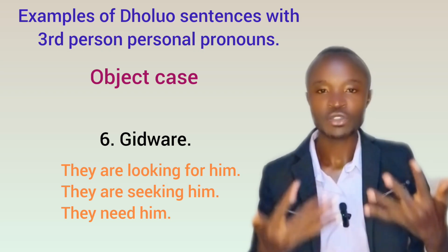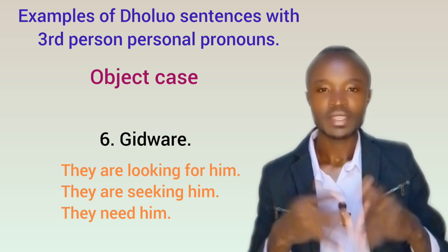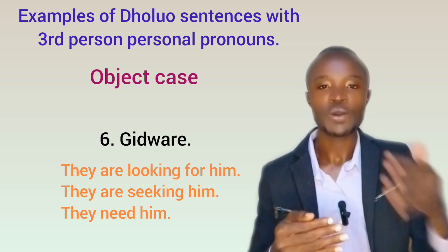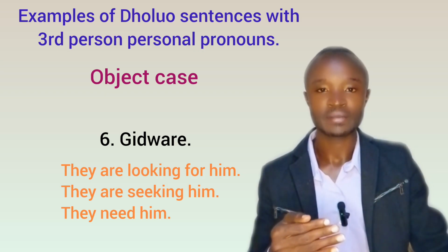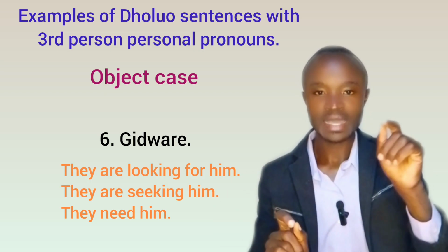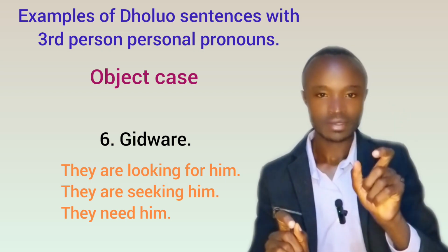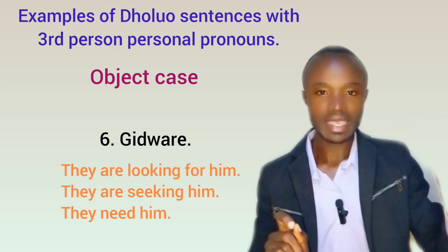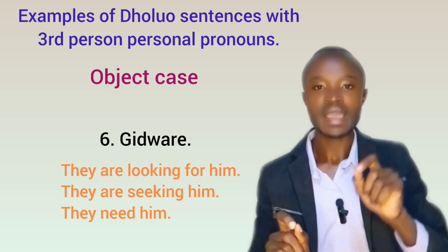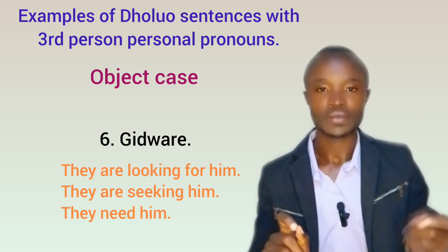I want you to get how to pronounce that easily. Gidware. They are looking for him or they are seeking him. Gi, they. Dwar, seeking. E, him. They are seeking him.